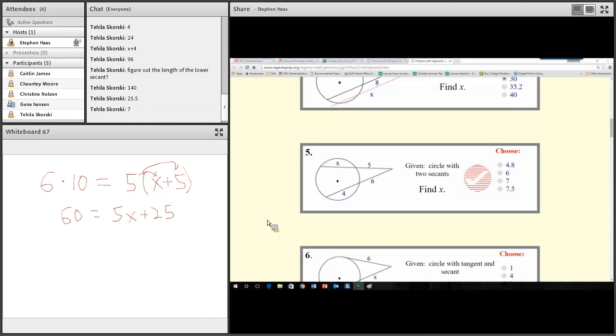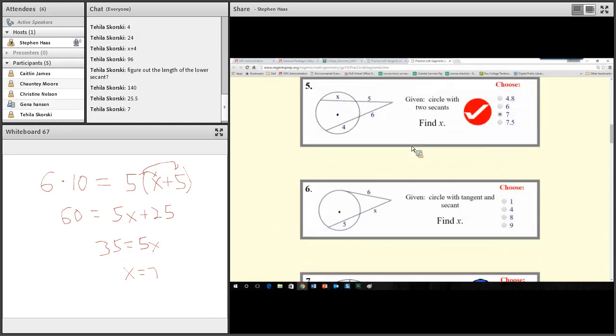So subtract 25 from each side, and you have 35 equals 5x. Divide each side by 5, and of course you have x equals 7. Very good. Simple enough. All right.